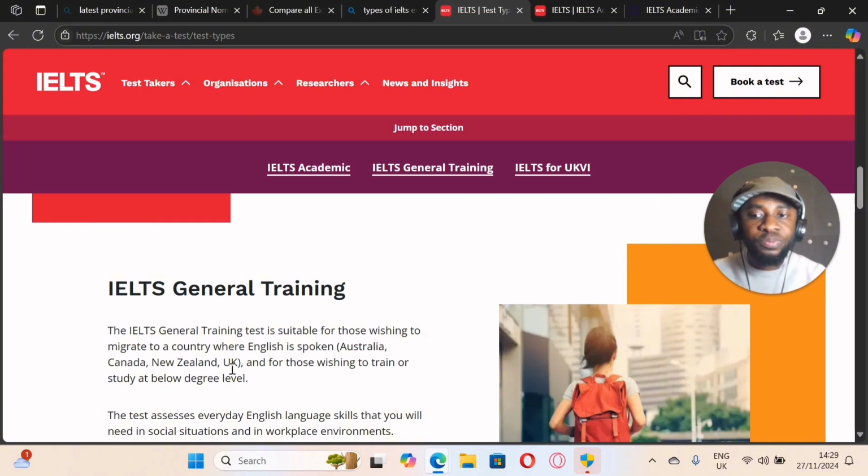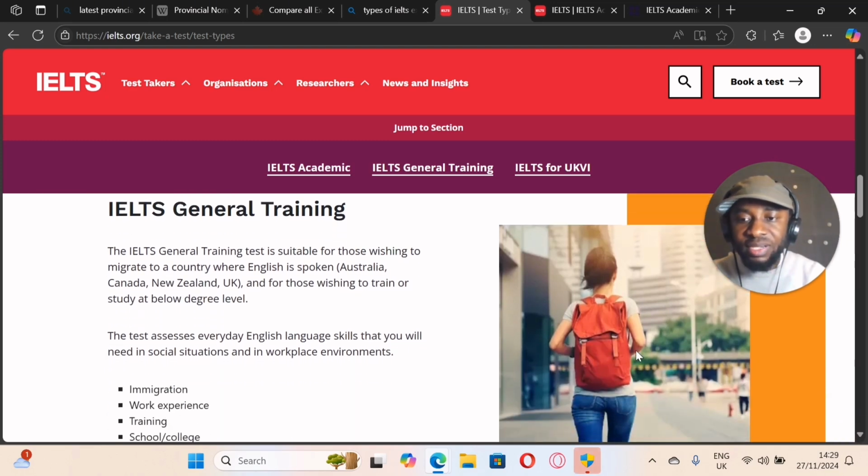But the IELTS General Training is for migration purposes. And if you want to be educated below degree level, then definitely you can go in for the General Training test, the General Training IELTS.